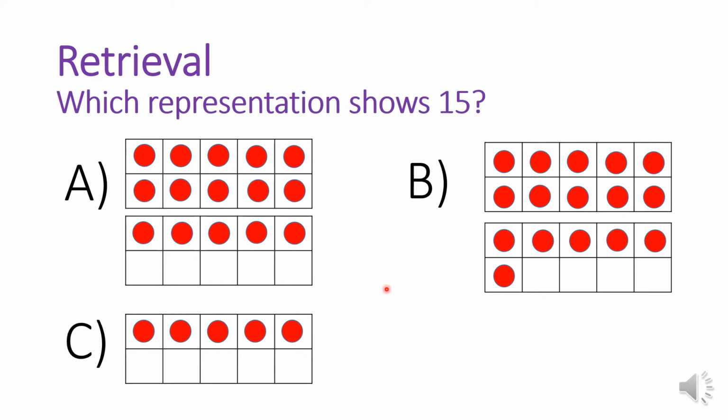Which one is showing 15? Well done, it is A, because there is 10 in the first frame and then 5 on the bottom, which makes 15.